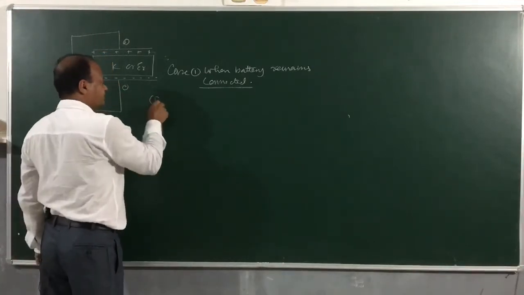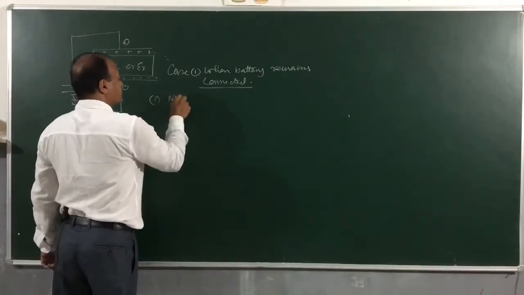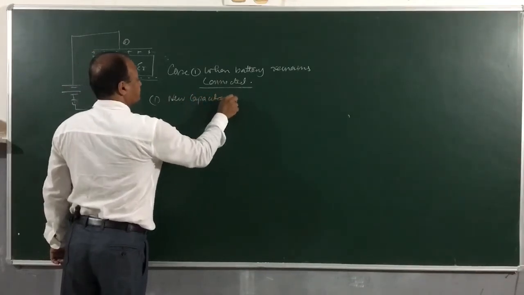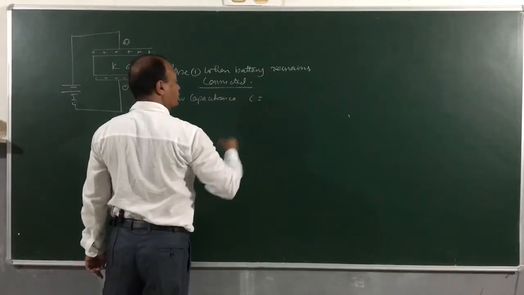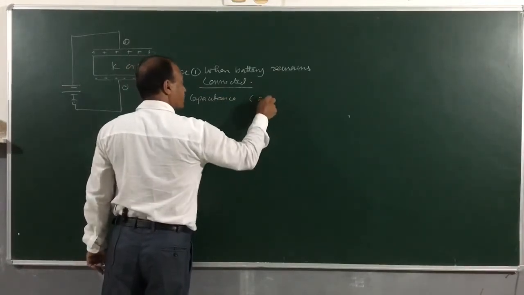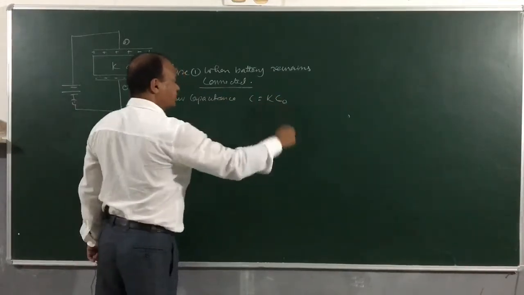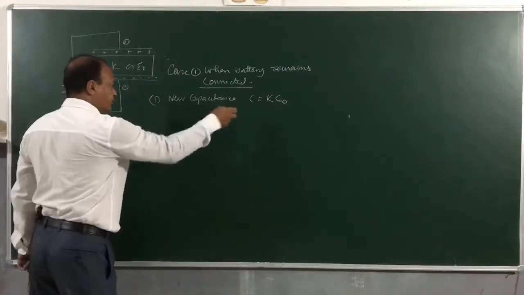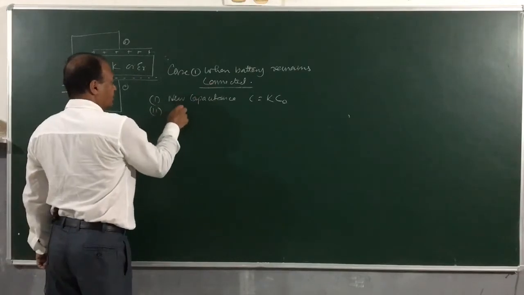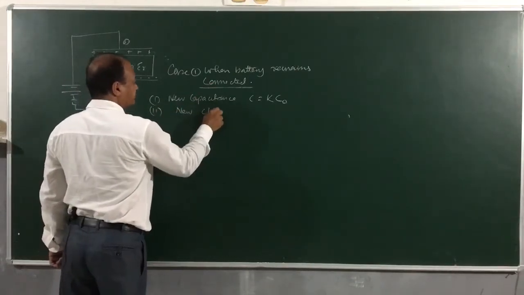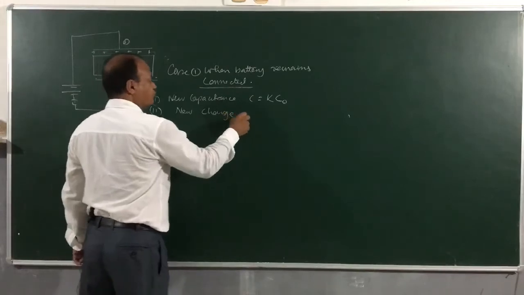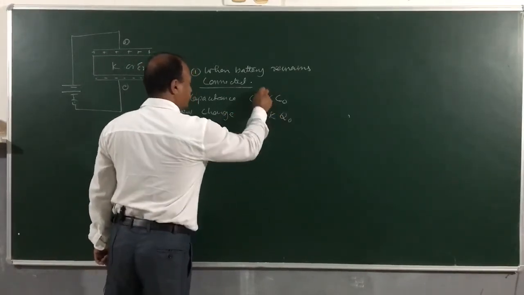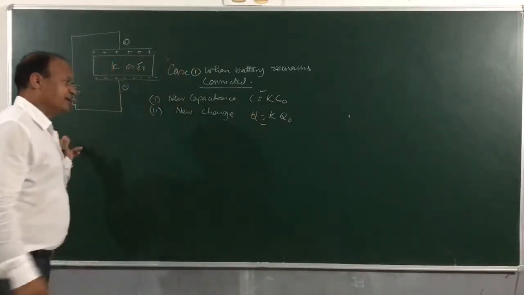Case 1, new capacitance C will be equal to K times the capacitance of the air core capacitor, and if capacitance increases, the new charge Q will be equal to K times initial charge. So these two things will increase. There is charge in the battery.